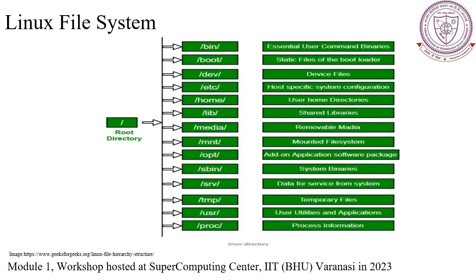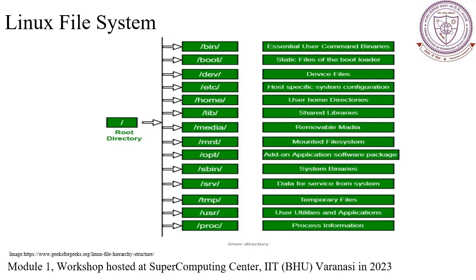Then slash mnt is used for mounted file systems. Slash opt: if we want to add application software packages, we store them in slash opt. Sbin is used for system binaries. Slash srv is used for data for services from the system, like the files used for running and browsing the internet. Slash tmp is used for temporary files.